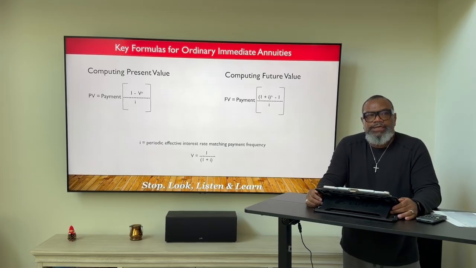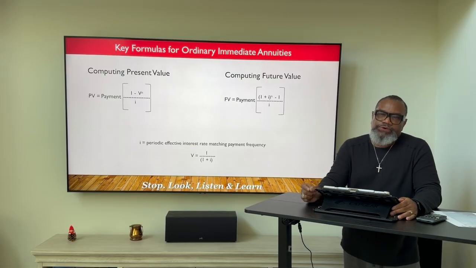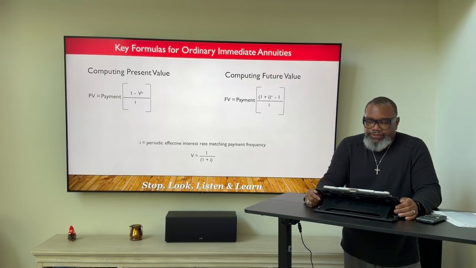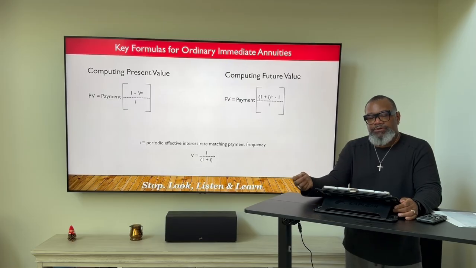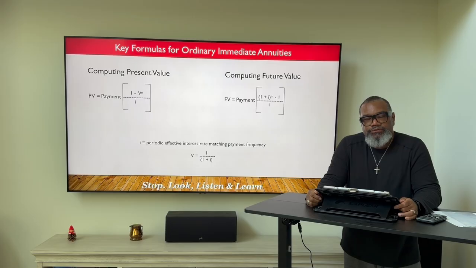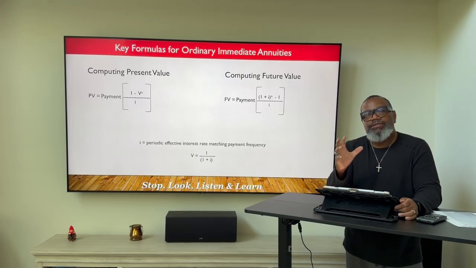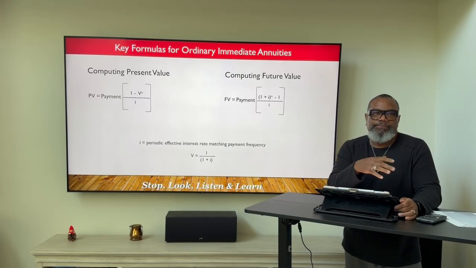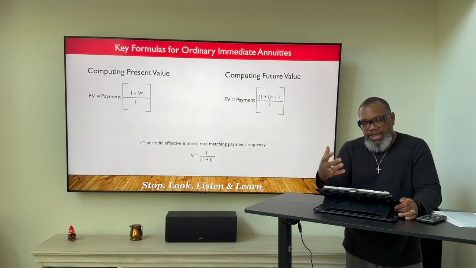And again, one of the things you want to make certain that you do is make certain that that periodic effective interest rate matches the payment frequency. So here it's an annual effective interest rate because we're receiving the payments annually or making the payments into the account annually.